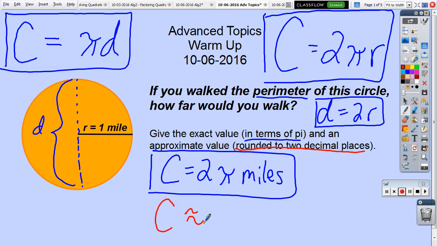If I do it on this calculator, 2 times pi, I get 6.2831, blah, blah, blah. And I want to round to 2 decimal places, so it would be 6.28 miles.